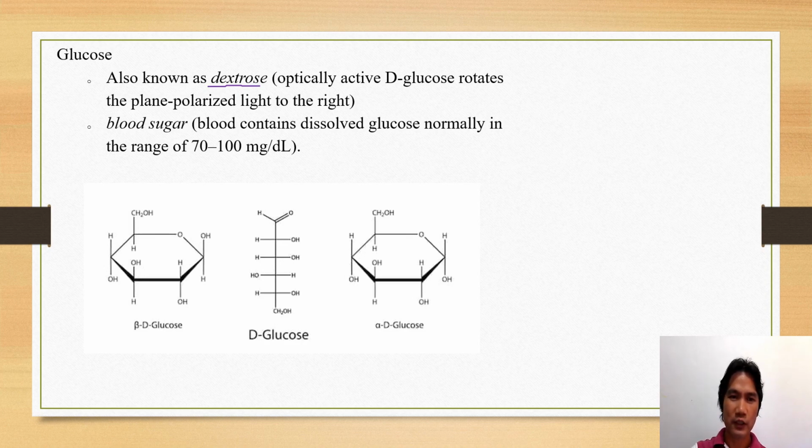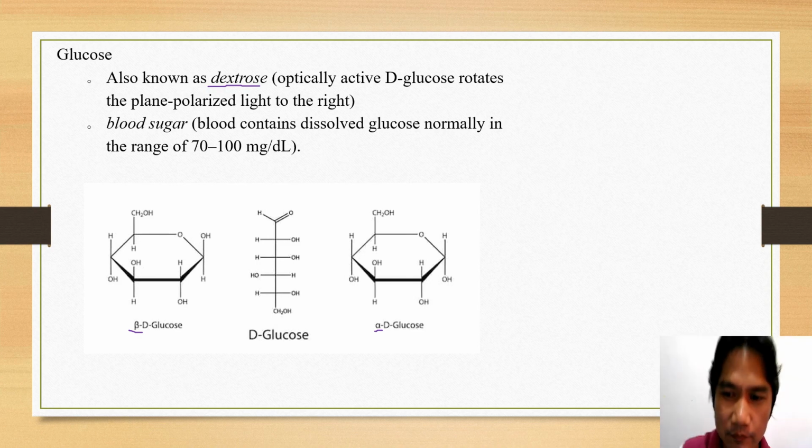So here are the different pictures of glucose. The alpha-D-glucose, and the other one is beta-D-glucose in Haworth form, closed Haworth form, or cyclic.